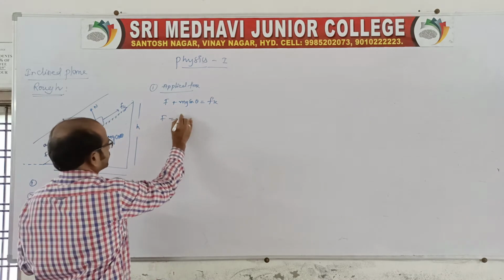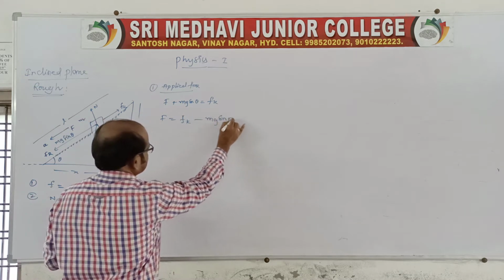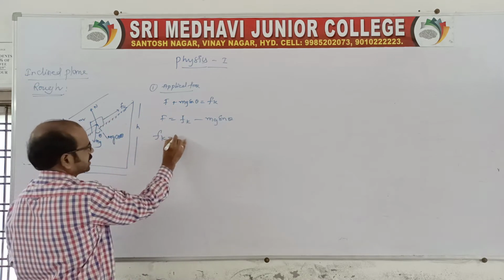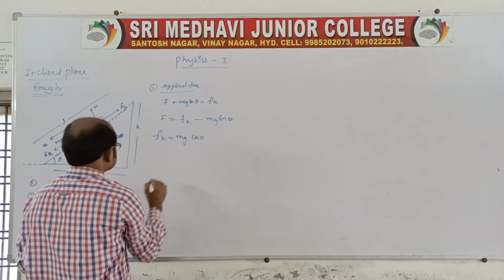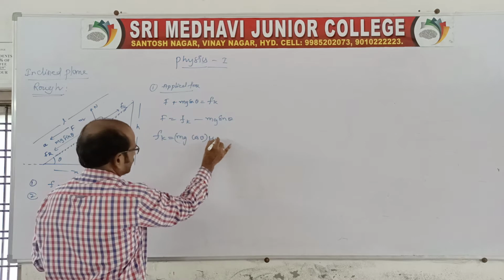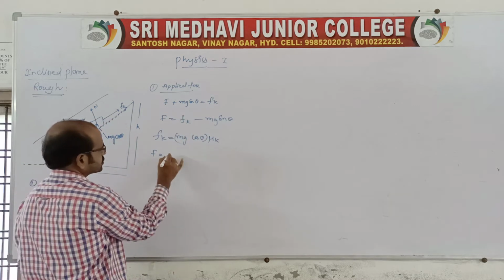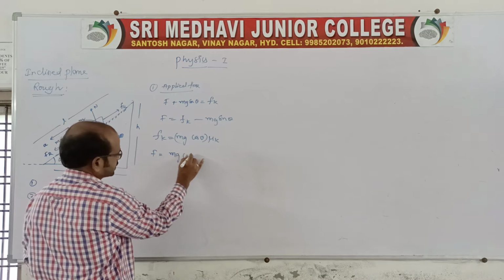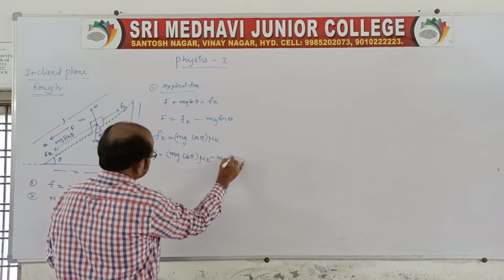So the applied force will be Fk minus mg sin theta. Here Fk is nothing but mu k into mg cos theta. Therefore the applied force is mg cos theta into mu k minus mg sin theta.